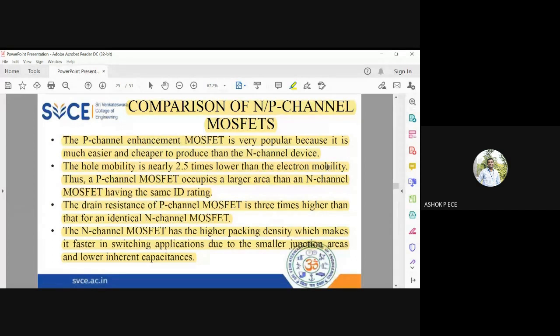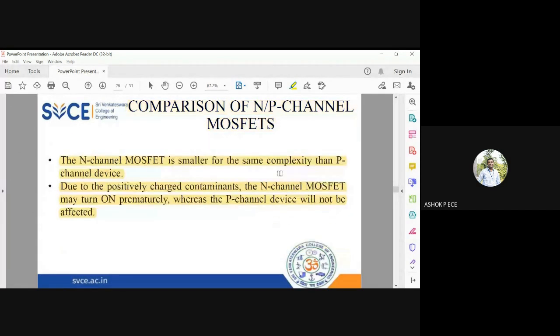Here they are given hole mobility is 2.5 times lower, right? The electrons will have 4 times the mobility of holes, so they can move very fast. So electrons are going to have larger mobility. The device will have a very large switching speed, which makes it useful for high frequency applications. Okay, this is the comparison between N channel and P channel MOSFET.